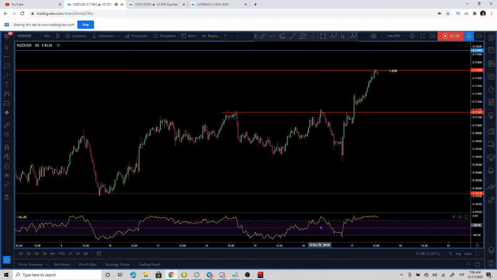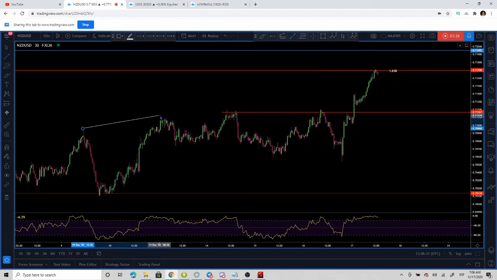Not only that, but we are seeing quite a big bearish divergence with my oscillator. We're just pointing out some facts here, nothing else.